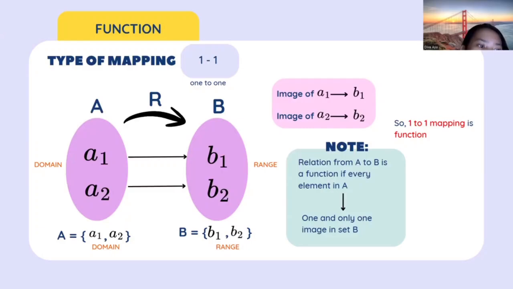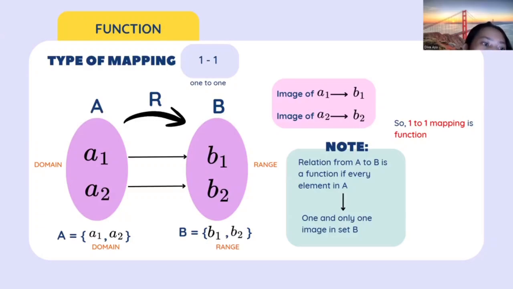We can say this when each element in the range is an image of exactly one element in the domain. Here our domain has elements A1 and A2, and our range has elements B1 and B2. So we can see that B1 is the image of exactly one element, A1, and B2 is the image of exactly one element, A2.